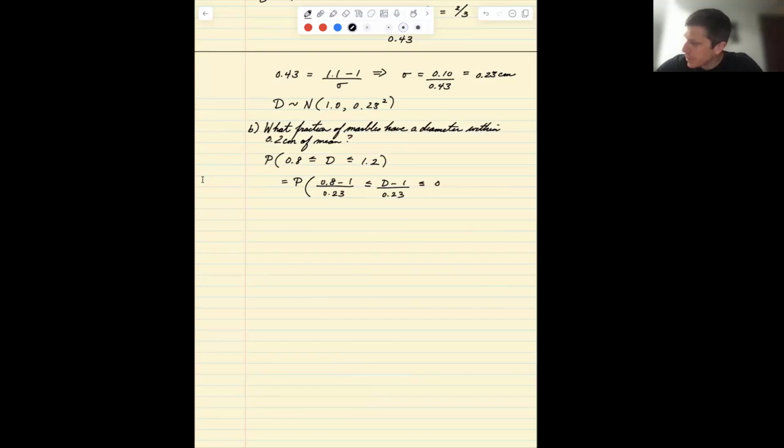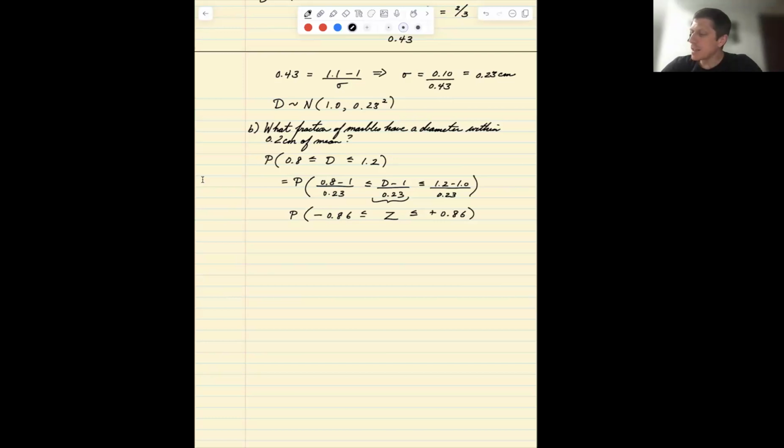And the reason why we do that is because when we do that to the random variable D, we convert that random variable into a normal 0, 1. And so this becomes the probability that a normal 0, 1 is between negative 0.86 and positive 0.86.